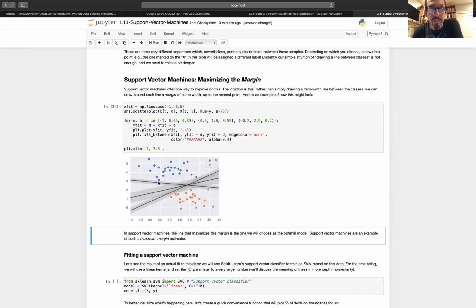And that distance, that perpendicular projection that we saw in the lectures, is the margin. It's one side of the margin. And the two sides of the gray there together are the full margin. So this is saying that the distance perpendicular to our discrimination line is this small amount, the gray on both sides of the function.